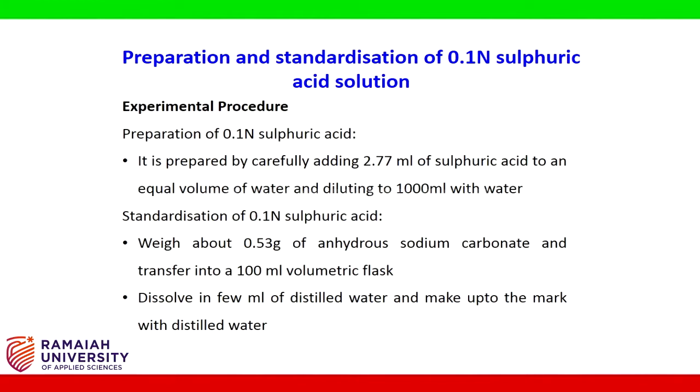Next, for the standardization of 0.1 normal sulfuric acid, weigh about 0.53 grams of anhydrous sodium carbonate and transfer into a 100 ml volumetric flask. Dissolve in few ml of distilled water and make up to the mark with distilled water.